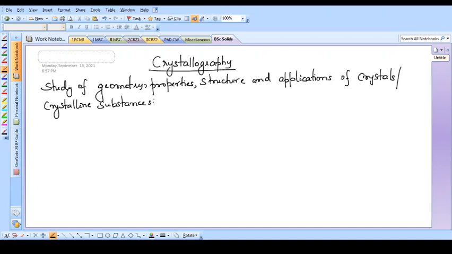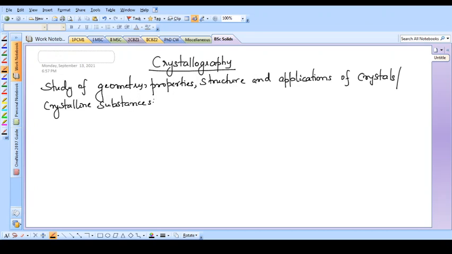In your previous semesters, you have covered topics on gases as well as liquids. In the present semester, we will be focusing on one of the important states of matter, that is solids. I call it important because earlier this was the state of matter that was given lesser importance, but in the present technological era, the solid state plays a very important role.